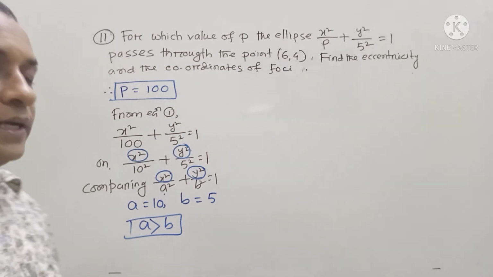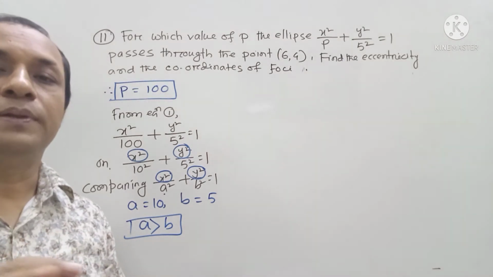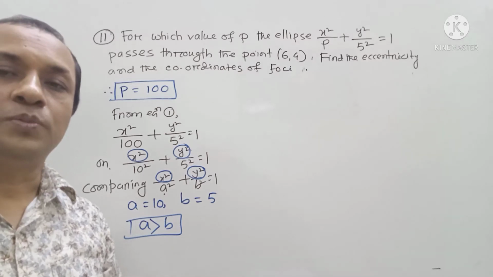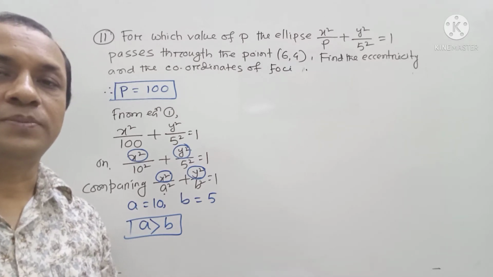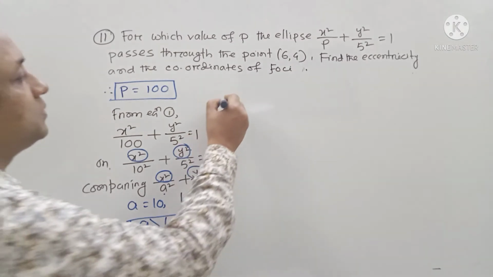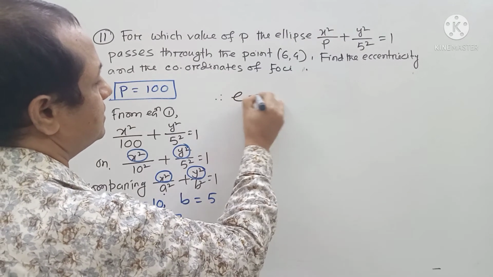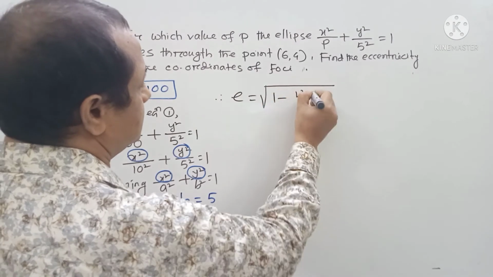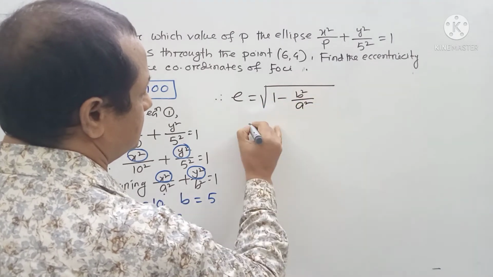Now if a is greater than b, as you have learned, student, eccentricity E equals to root over 1 minus b square by a square.